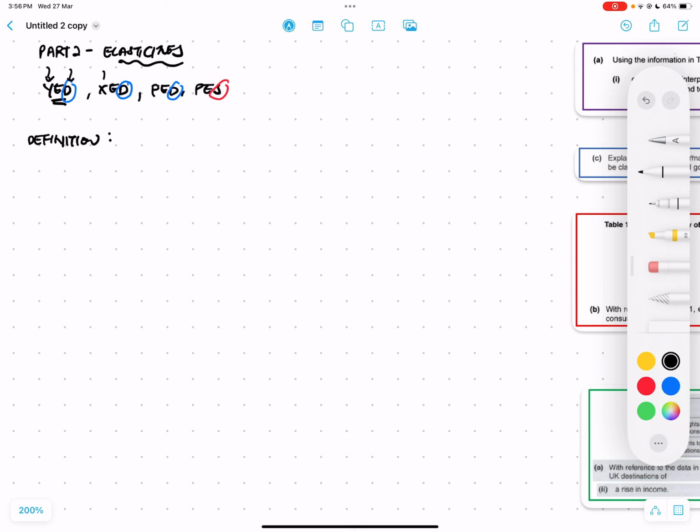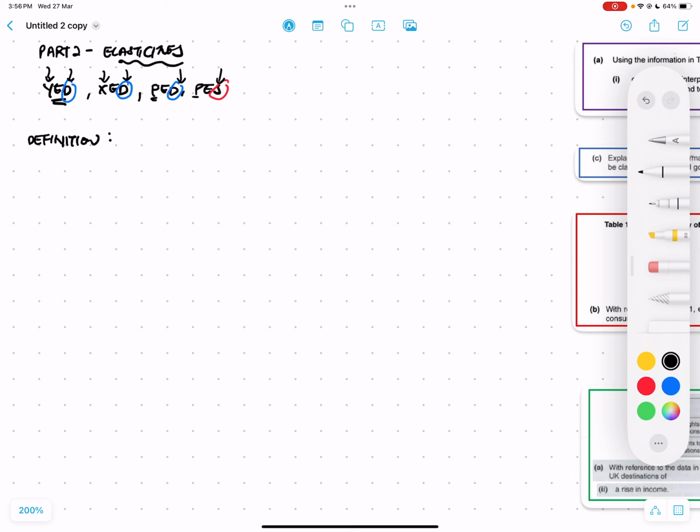In the case of cross elasticity, it's the price of another good that changes, and how that changes this good's demand. PED is how a price change of a good would cause the quantity demanded of that same good to change, and PES is how price would cause quantity supplied to change. So they all measure the responsiveness of demand or supply to different variables changing, seeing how much demand or supply changes.